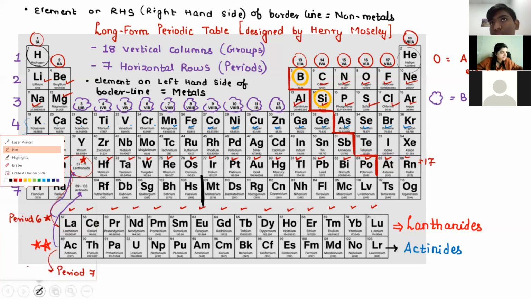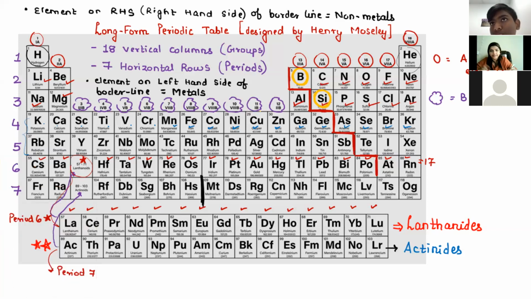So I'm just circling some elements as yellow. Miss, why are you circling them yellow? Because they are the elements which are metalloids.